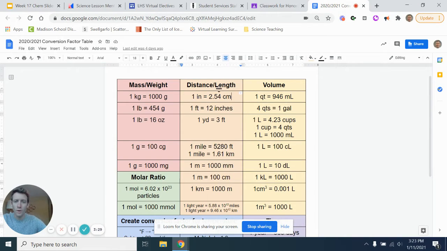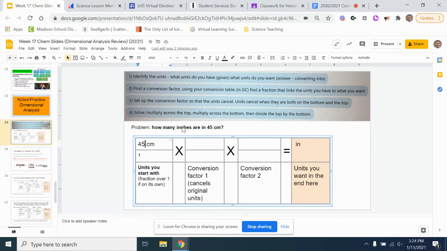It's either going to be 1 over 2.54 or 2.54 over 1, depending on where I need to cancel out units. So let's remember this and go back. So 2.54 centimeters for every 1 inch.